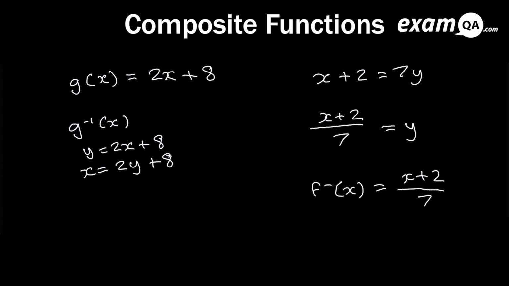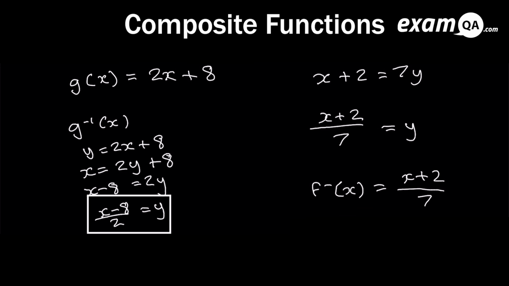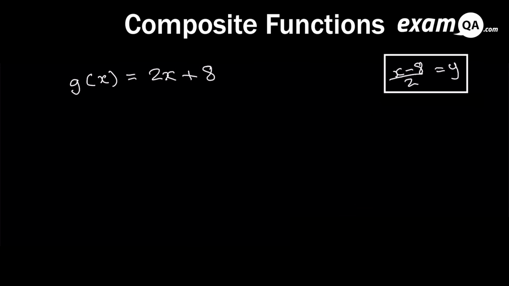Now simply just make y the subject again. And you've got your inverse. And now you can write g inverse is x minus 8 all over 2.